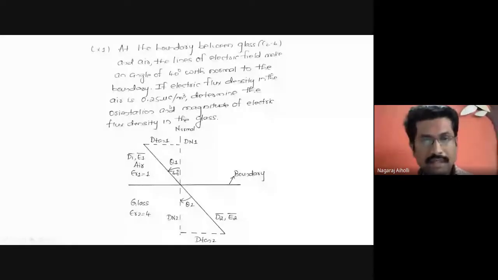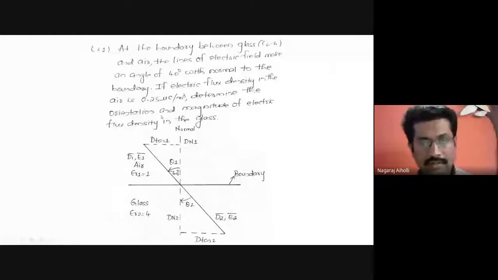Here they have given the value of D1. How much is D1? Flux density in air is 0.25 microcoulomb per meter square. This should be substituted in the equation for cos theta 1. Theta 1 is adjacent side by hypotenuse.